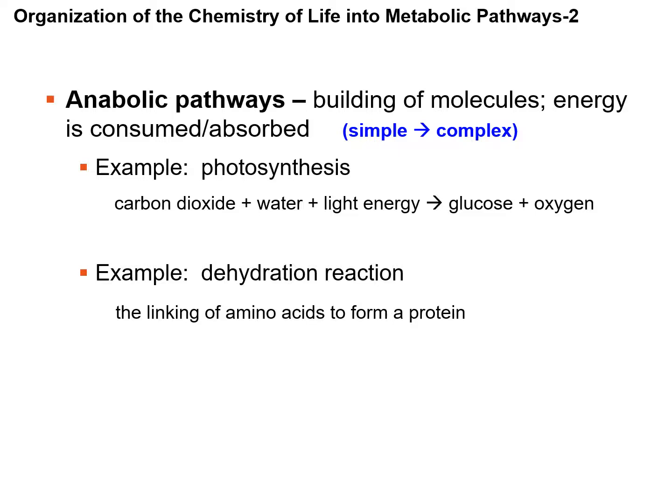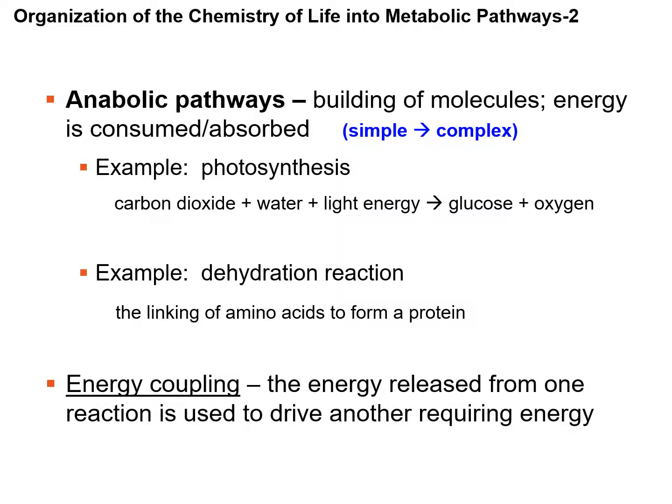Okay, so now we know that catabolic pathways release energy and anabolic pathways absorb energy. How is this helpful in understanding cellular metabolism? Well, remember, a cell has thousands of pathways, and these pathways intersect one another via a process called energy coupling.